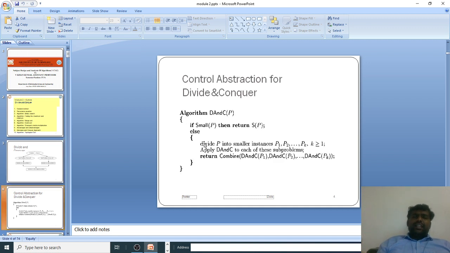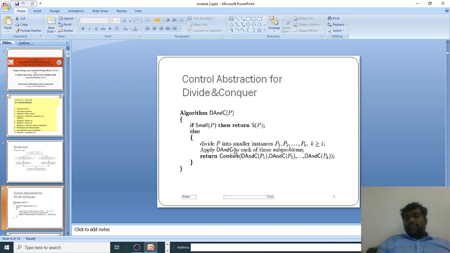Now this is the algorithm, a general algorithm for divide and conquer, where they are going to ask this for 6 to 7 marks. It's an algorithm, divide and conquer. You're going to give a problem. If the problem is small, then you're going to return. Else you're going to divide that into instances.